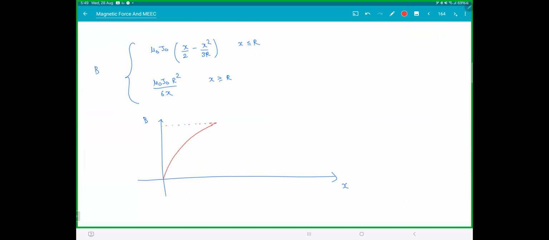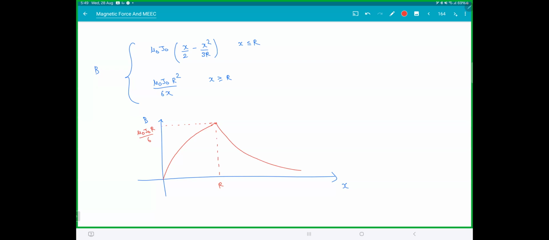It reaches a value here at R. How much is that? Mu naught J naught R by 6, that is the value. And then it becomes like this. Once you're outside, it just behaves like a wire.